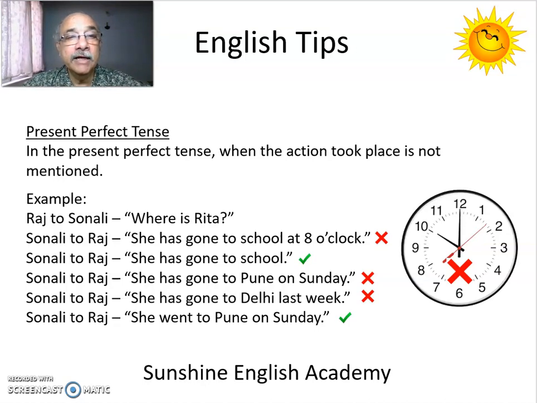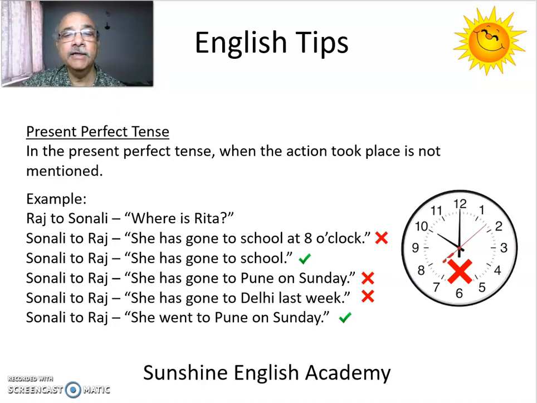Now here, has gone is the present perfect tense, but we cannot use the time. We cannot mention the time in the present perfect tense. So this is an incorrect sentence. If she says, "She has gone to school," then that sentence would be correct.